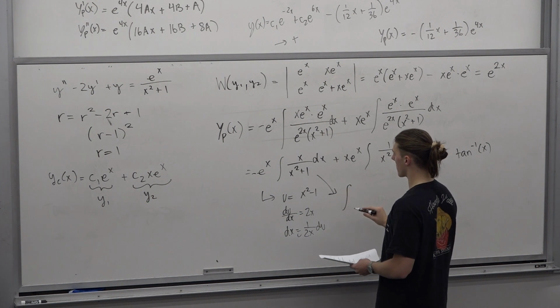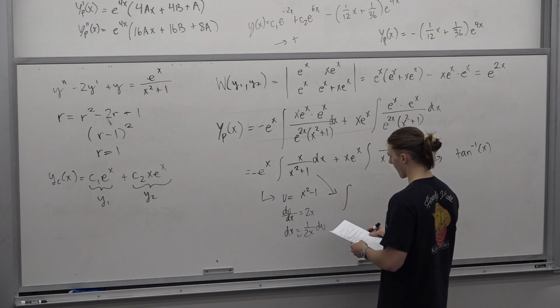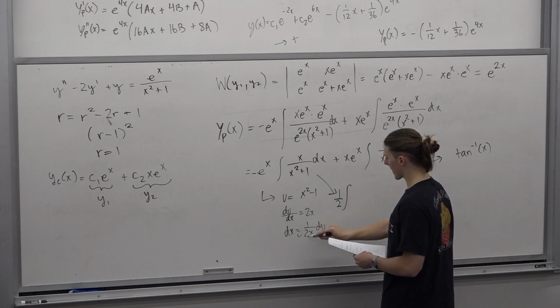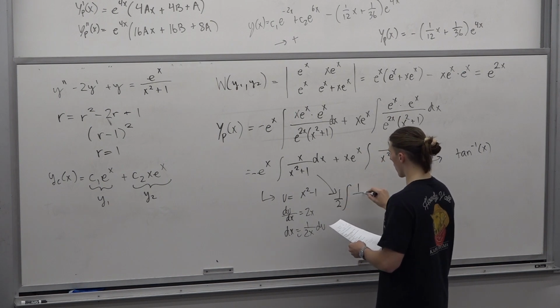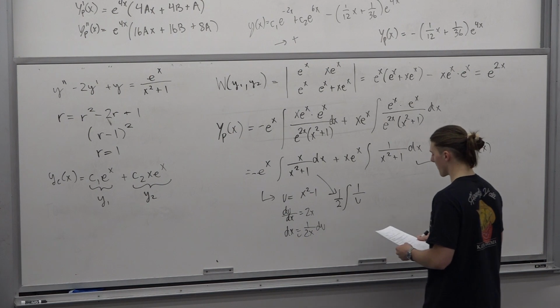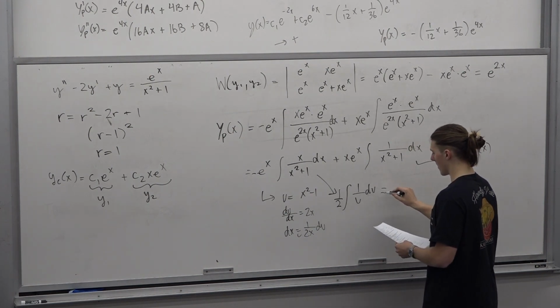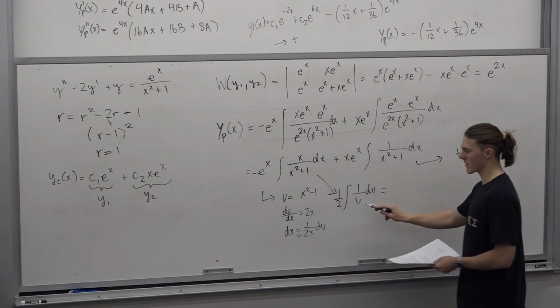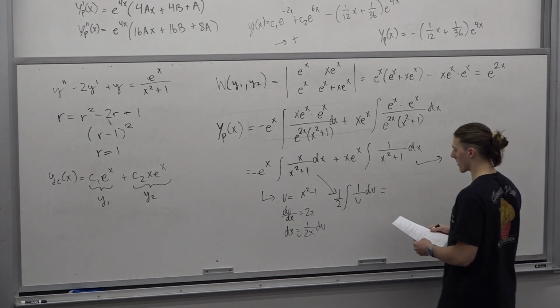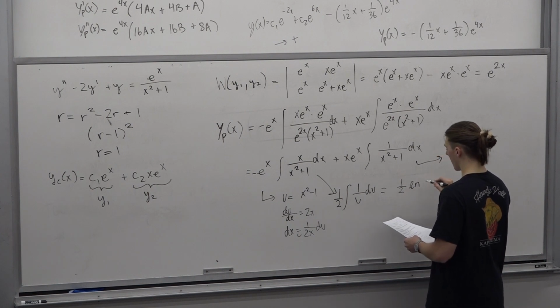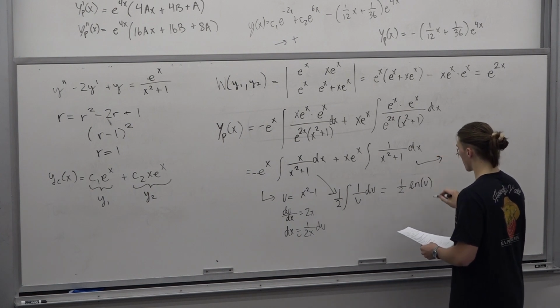Just focus on the integral. We have 1/2, we're taking it out, 1 over u du. What does this equal? This is an integral we're familiar with, right? 1/2 natural log of u.